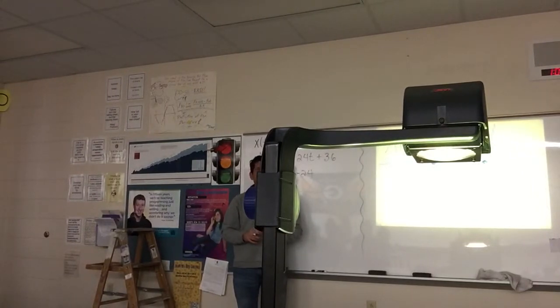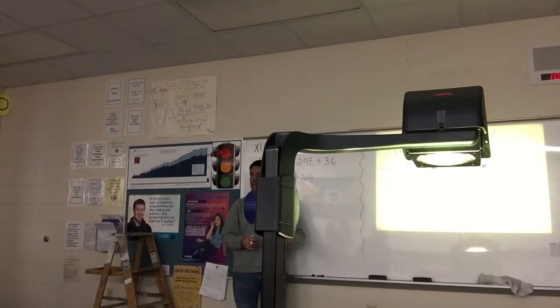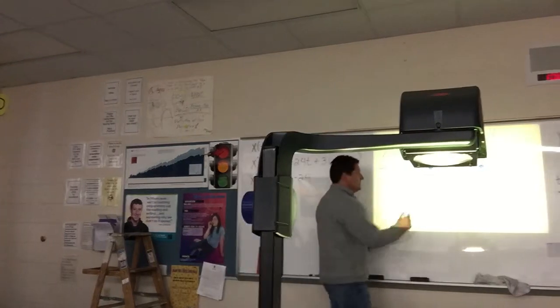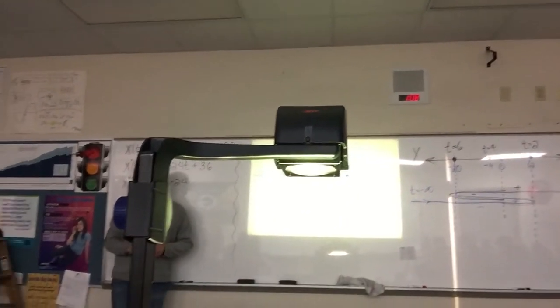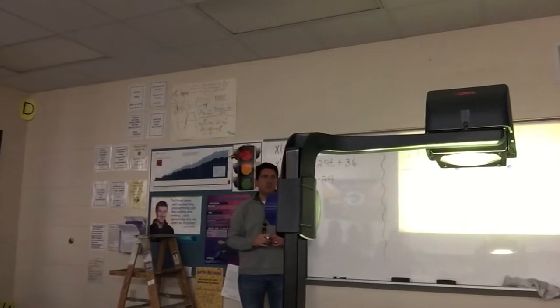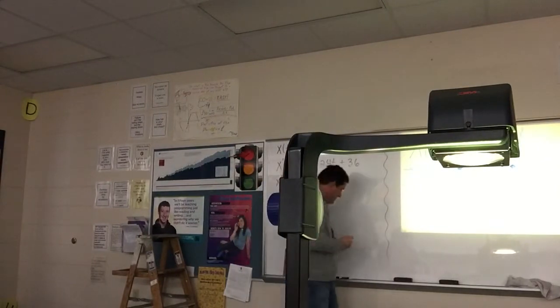That's the place where the velocity is 0, which means this is where it came to a rest. What do you think those values are? They're 2 and 6. This is the velocity function.